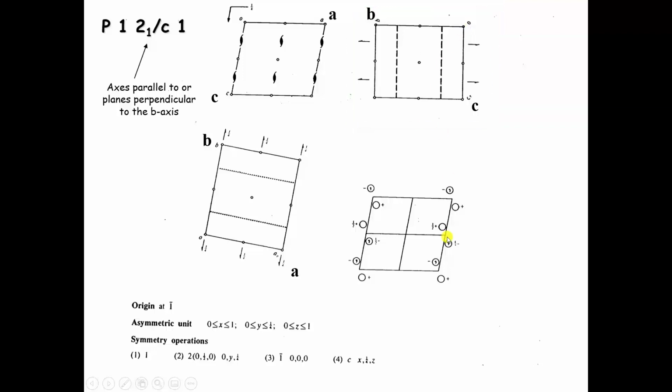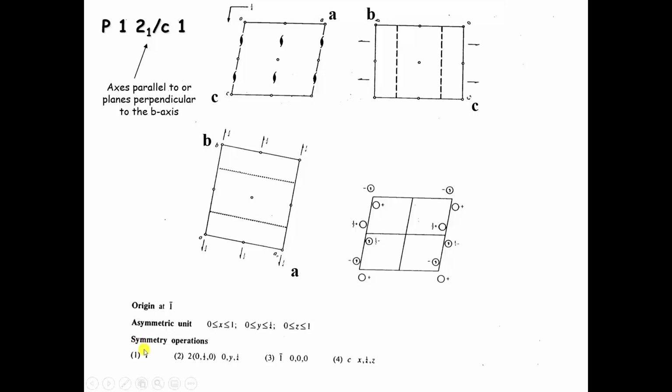Okay, now at the bottom, where it says symmetry operations, in this point group, we have 4 symmetry operations: an identity, a 2 sub 1 screw, a C glide, and an inversion center. And each symmetry operation in the space group is represented here. So let's see what these mean.